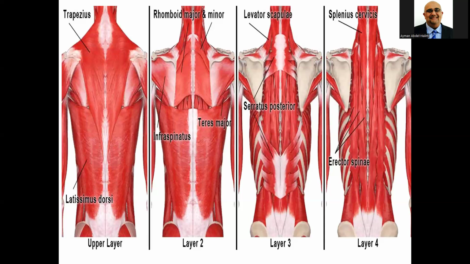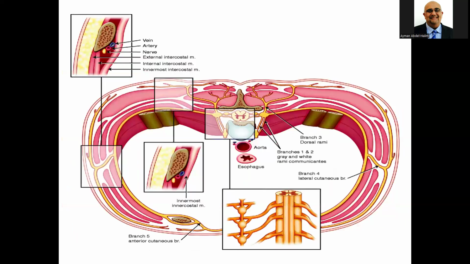Layer 4 is the splenius cervicis and the erector spinae muscle. All these muscles have an implication to our presentation. That's why I'm giving you some sort of an idea about it.